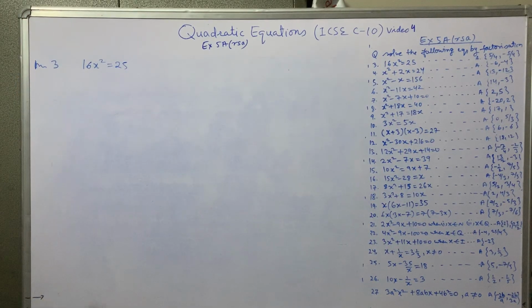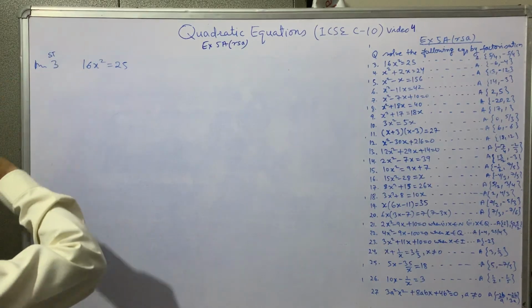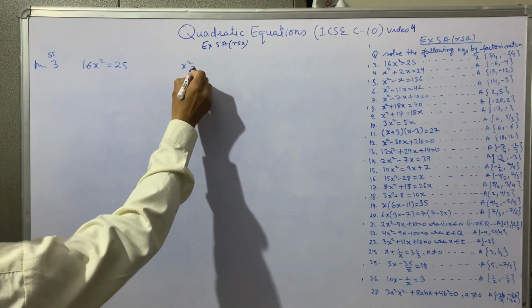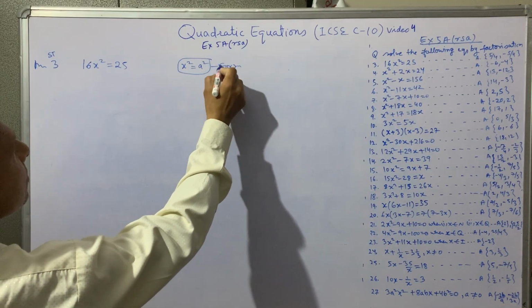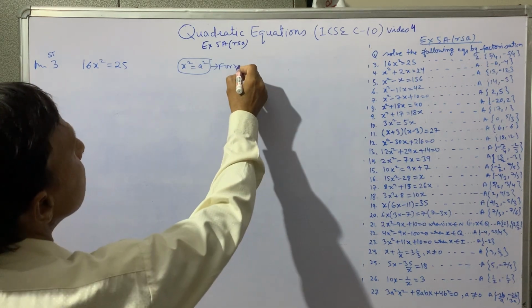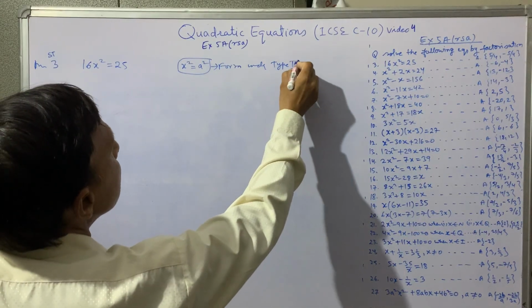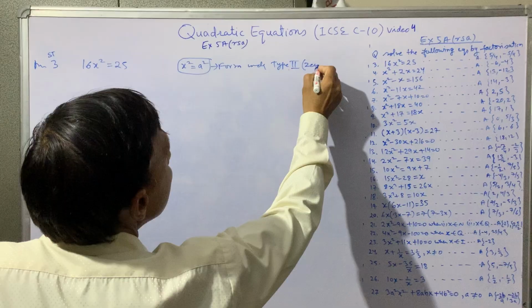It belongs to the subtype x square is equal to a square, under type 2 quadratic equations, which belongs to the zero product rule.